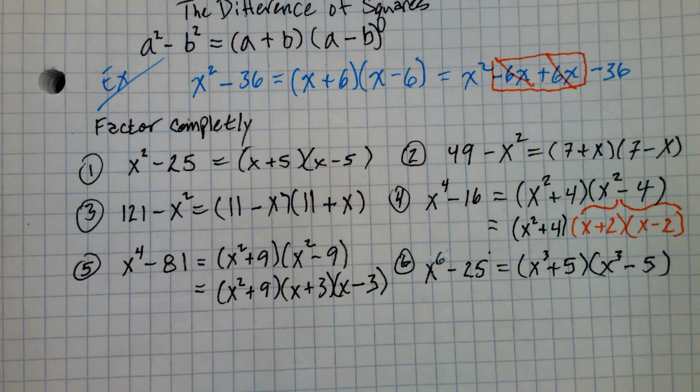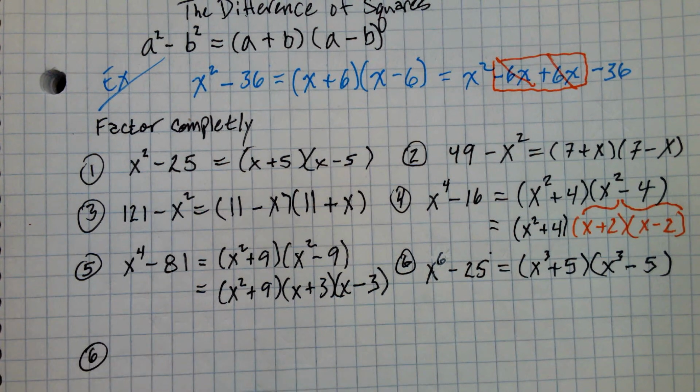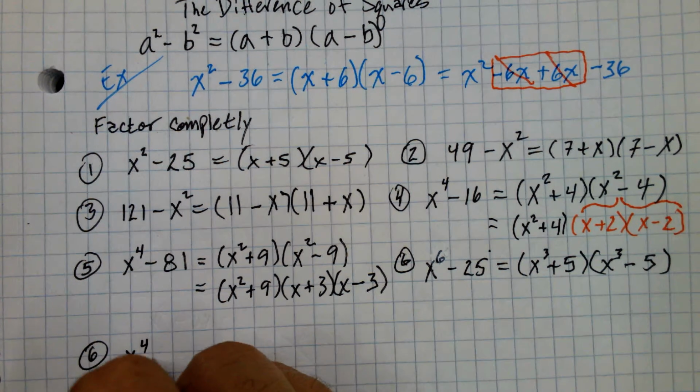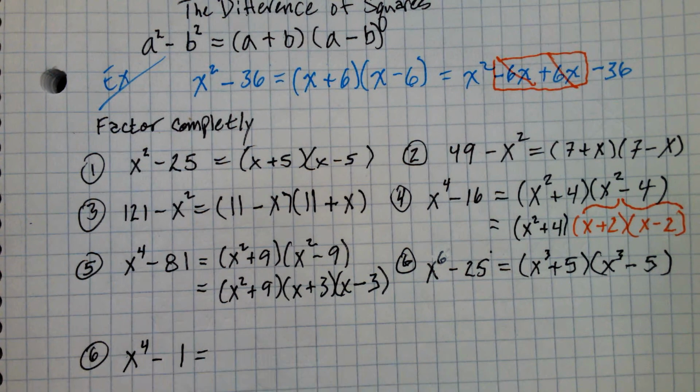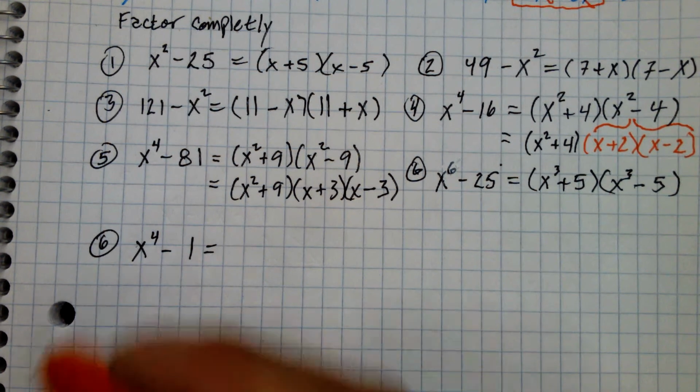I want you to try this one. Number 6. x to the 4 minus 1. Oh, yes. Thank you. It's number 7.